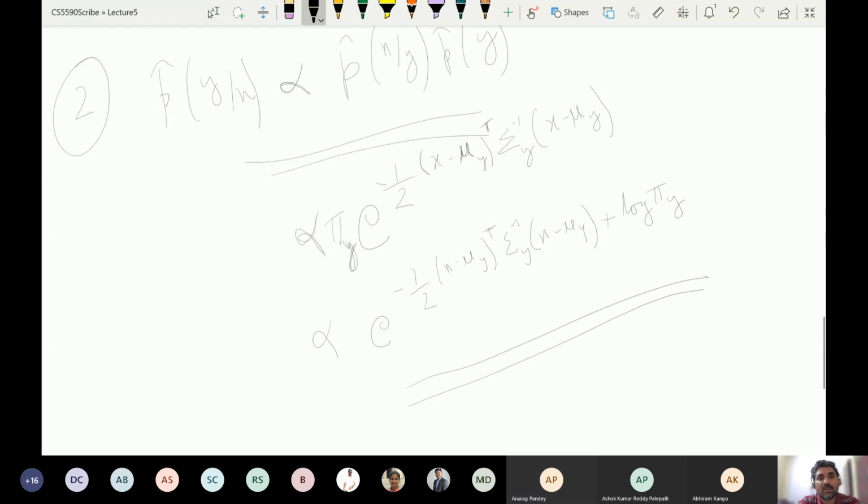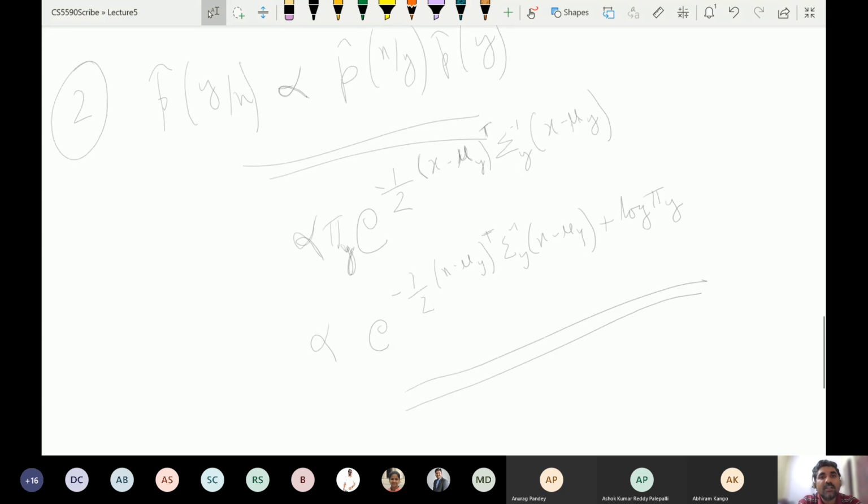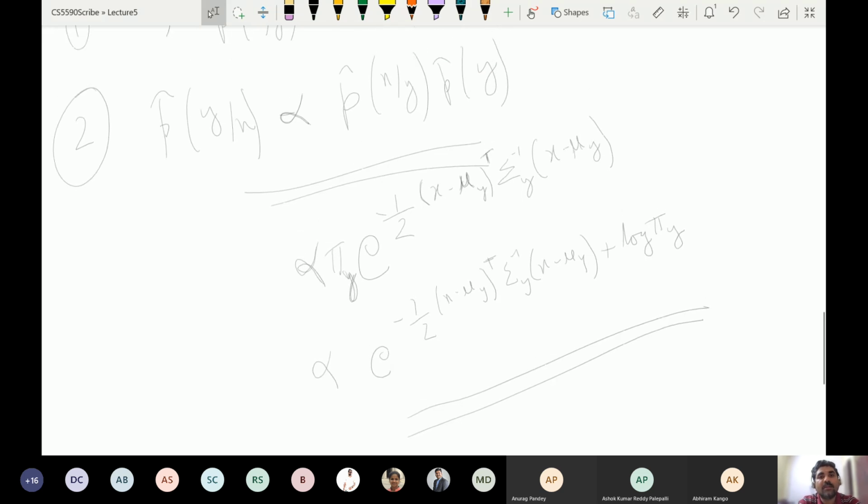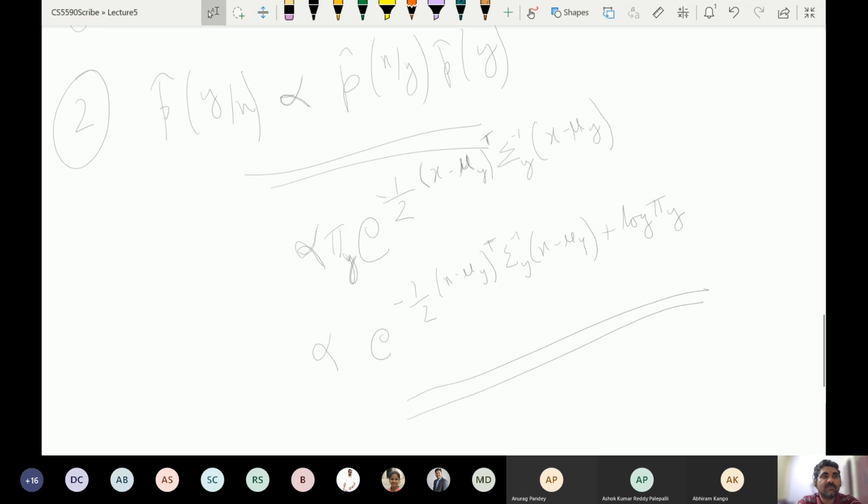Yes. Now I'll ask you a question. Can you describe the posterior of the four models which we know of? Which form of the distribution does the posterior follow? There are four named distributions we know: Bernoulli, multinoulli, univariate Gaussian, multivariate Gaussian. Of these four, the posterior in this case follows which distribution?